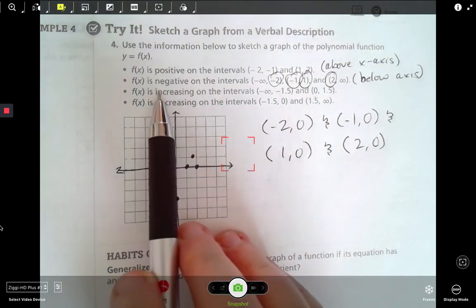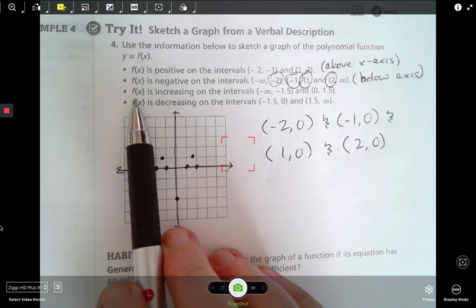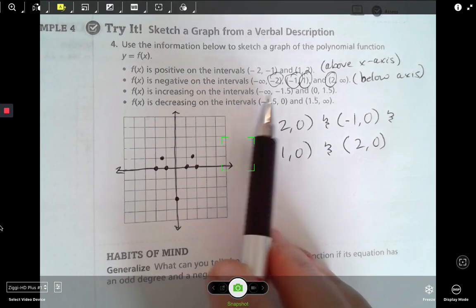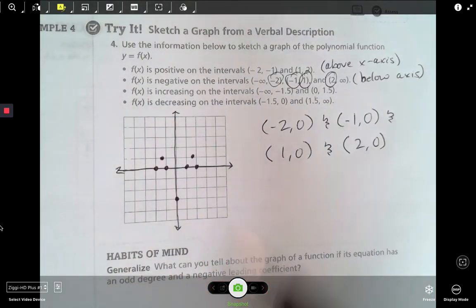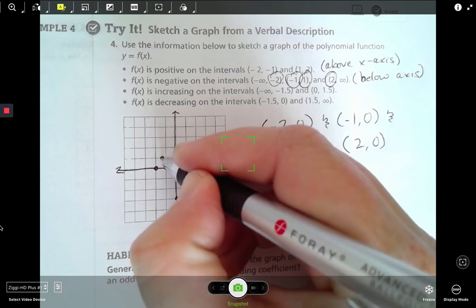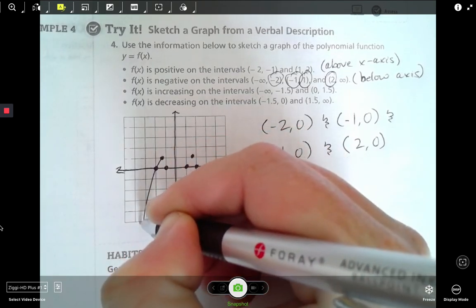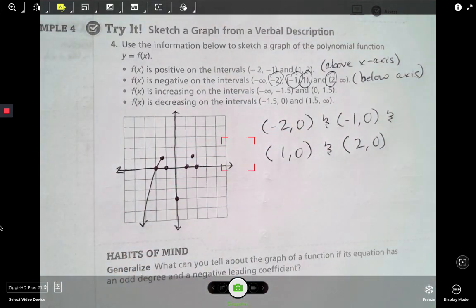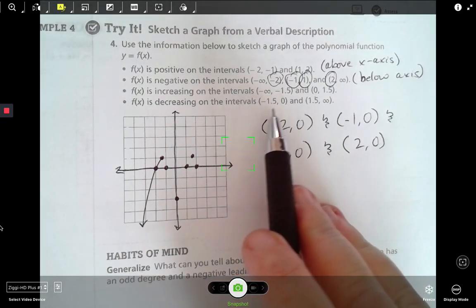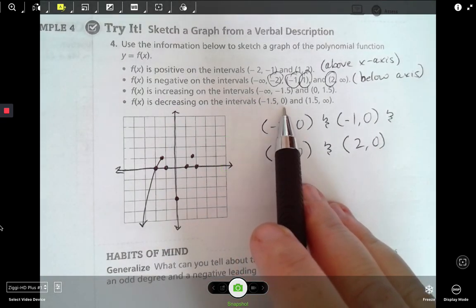Let's look at where it says we're increasing. It says we are increasing from negative infinity to negative 1.5. So that means I am increasing from here to here. I start decreasing at negative 1.5 to 0.